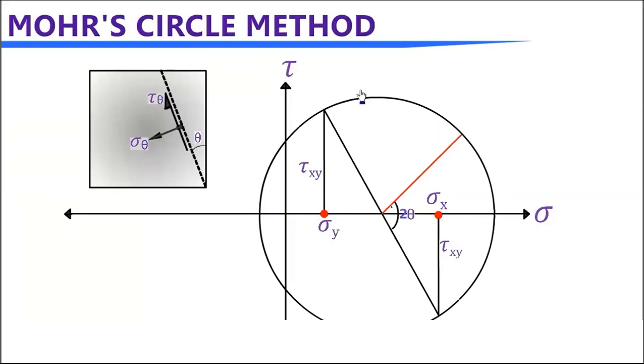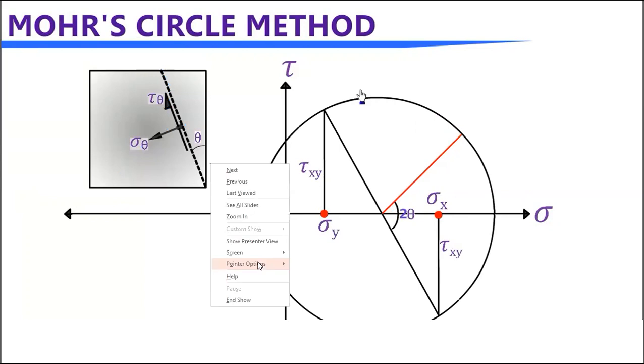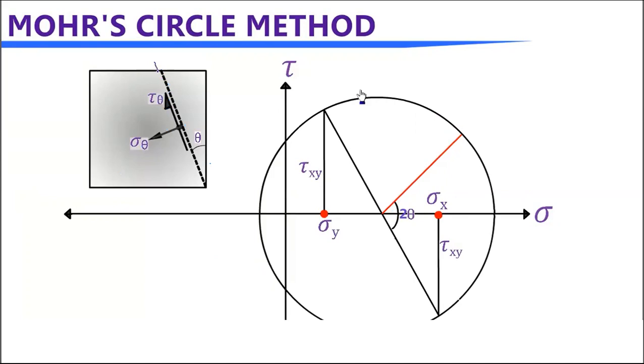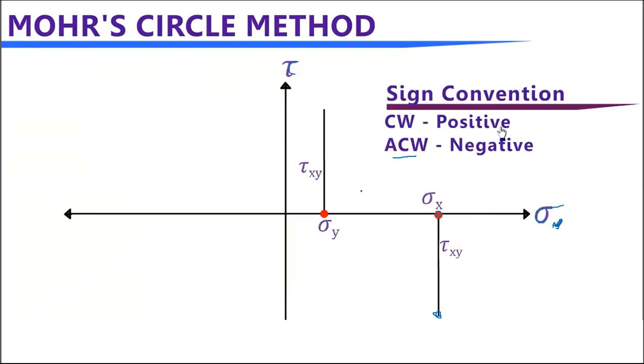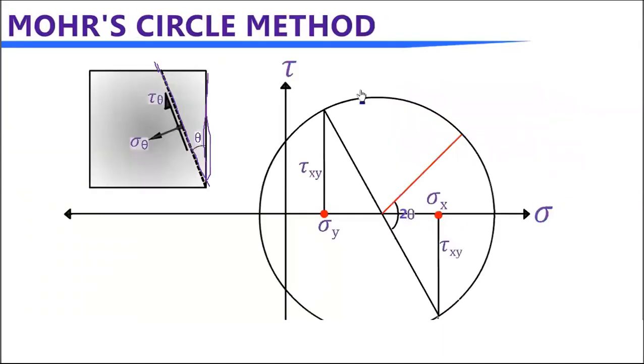So if you need to know the stress on a plane, where it is angled theta from this face, we need to know the stresses on this plane, right? So this is sigma theta and tau theta. So in the Mohr circle, you can see this is the point on this plane, and this is the point on this plane.